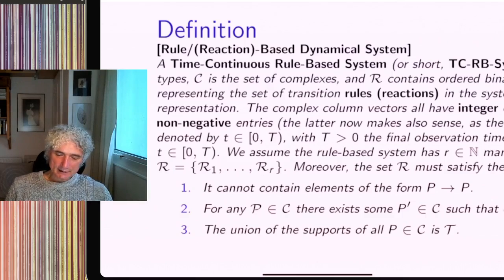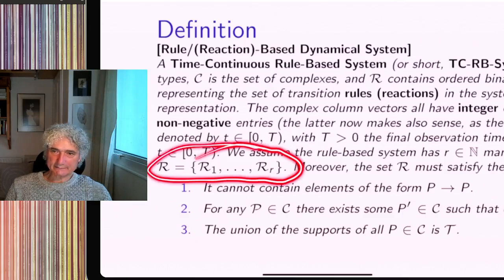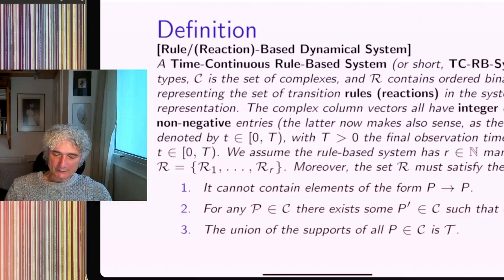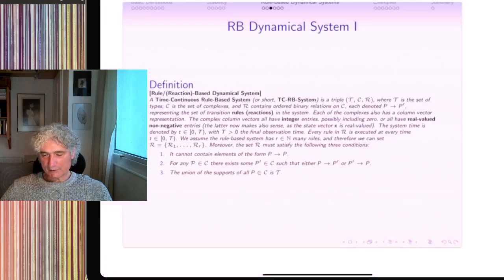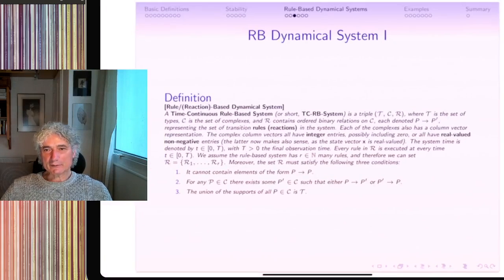We have again many different rules in the system, and the same three requirements for how the complexes, the types, and the rules behave. If we have this definition with an update which is now deterministic, so that all the rules are constantly applied all the time in the system, which is our basic assumption, then this will be called a rule-based dynamical system.